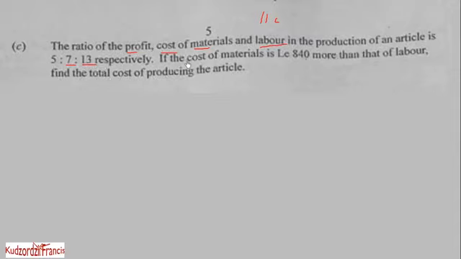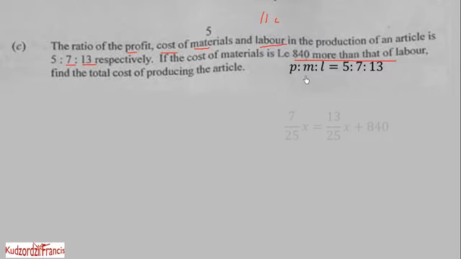But the cost of material is 840 more than that of labor, which is not true. So let's assume that this question is correct. Then we'll proceed like this. The ratio is profit is to material is to labor, that is 5:7:13.